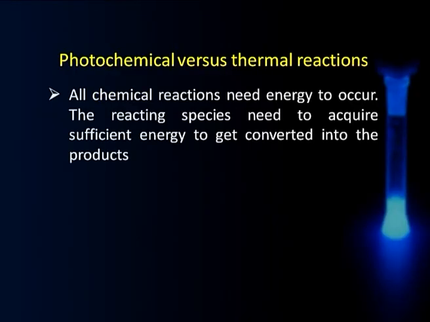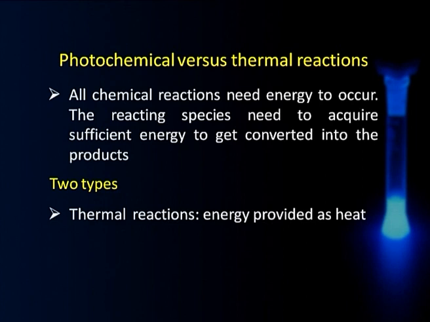Now, to make a case for it, we all know that any chemical reaction to occur needs a certain amount of energy. And for the reaction to occur, we all know from our basic chemistry that the reacting species need to acquire sufficient energy equal to, say, the activation energy to get converted into the products. And then the question comes, where does this energy come from?